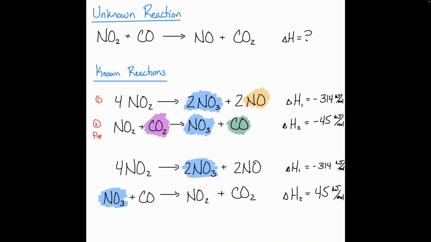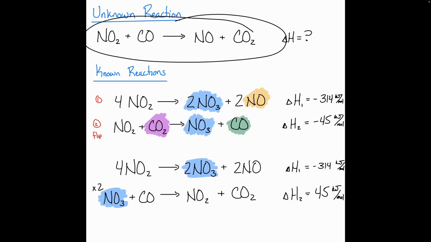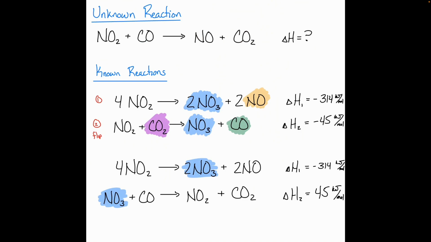If I multiplied this bottom reaction by 2, I would end up with 2 times this unknown reaction here. So I don't want to touch the second reaction. I instead want to multiply that first reaction by 1/2. I need to cut everything in here in half.